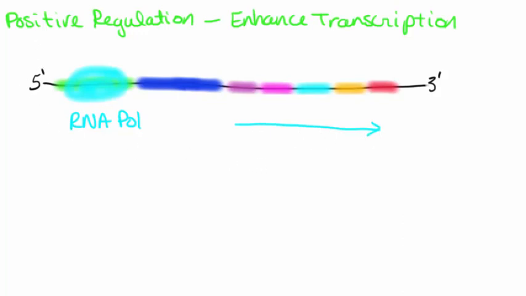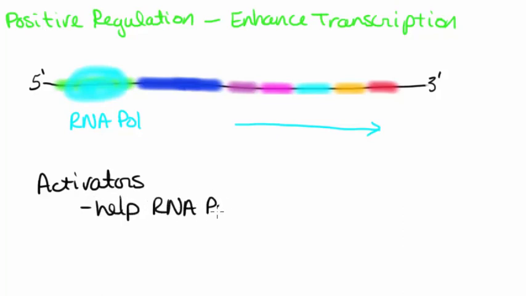What is going to help us in the positive regulation part of it is that we will have additional molecules that are called activators. Activators enhance transcription, or help us to get even more transcription. Typically these are going to help RNA polymerase bind the promoter.